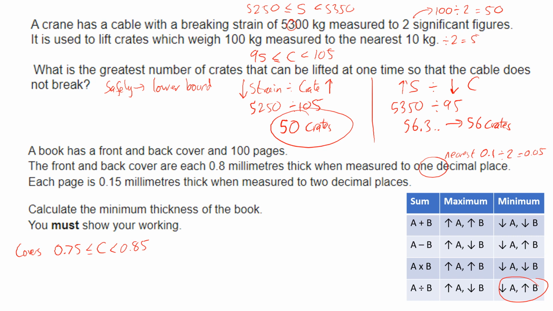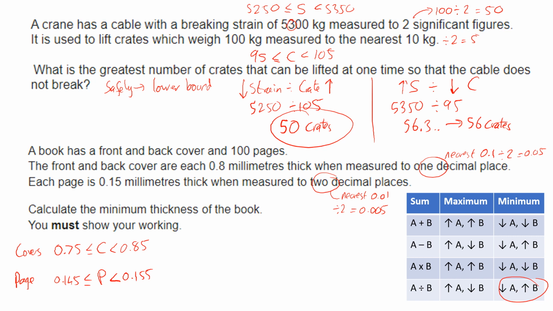The pages are 0.15 to 2 decimal places, so 2 decimal places means we're going to the nearest 0.01. If we halve that, we'll get 0.005, and so the pages, let's call them P, are between 0.145 and 0.155.